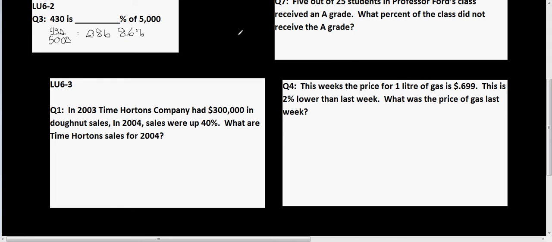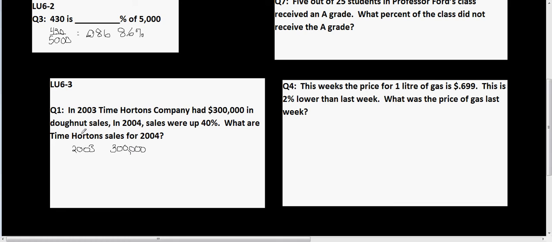Let's take a look at another one. If we have a situation where in 2003 Tim Hortons had 300,000 in donut sales, let's just write that down. I always like to write down the key information bits because often you'll find the equations will just fall out from that. We have 300,000. And now what happens?